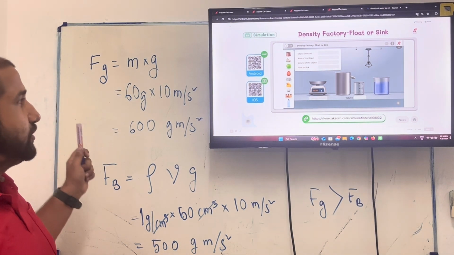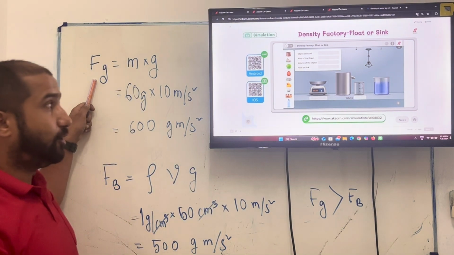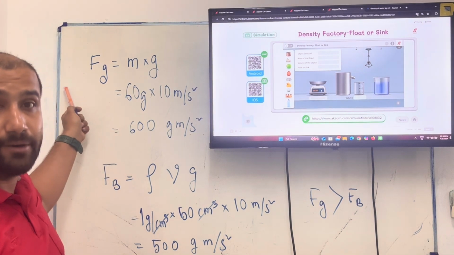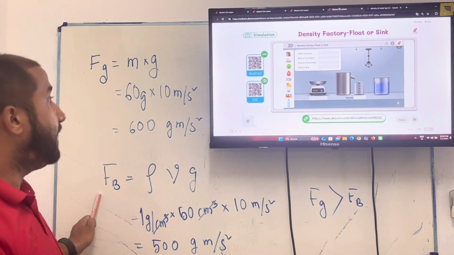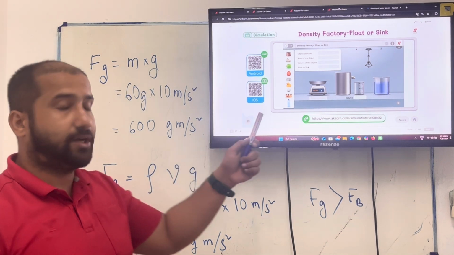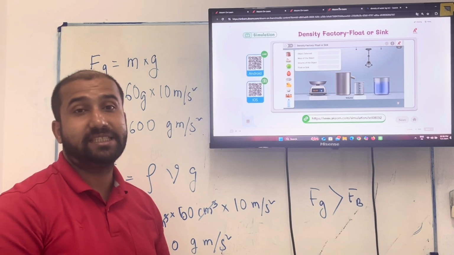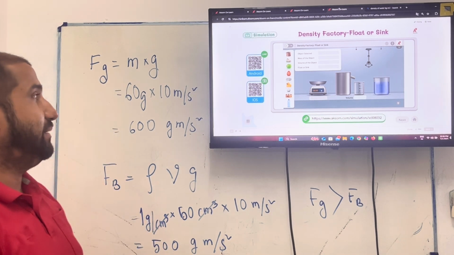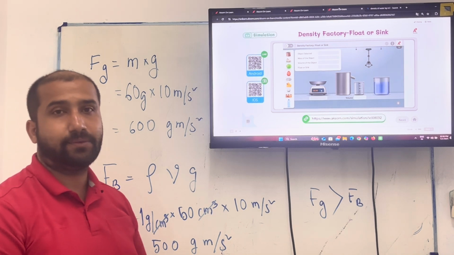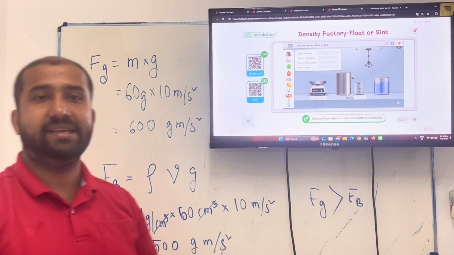Remember, first you will have to determine the weight of the object. For example, with the stone, what is the weight of the stone? What will be the buoyancy force if it is on the water? And then you have to determine will the object sink or float. Same, according to this, you will have to find out your answer and then write down your answer. Okay, and submit it by next week.